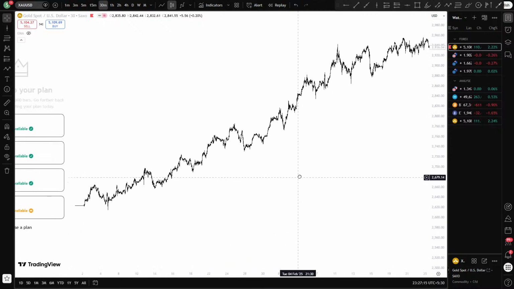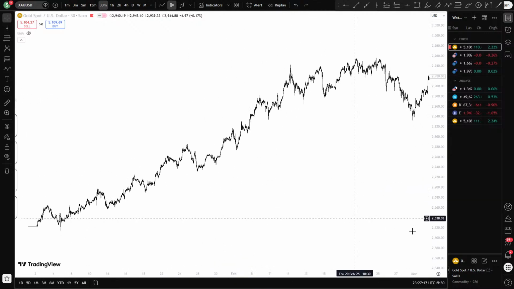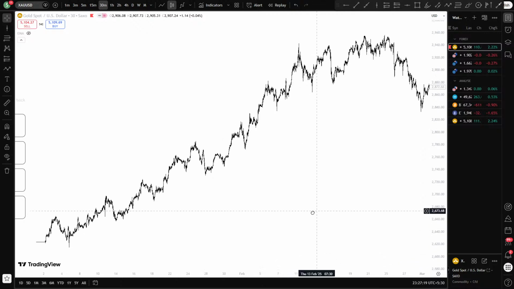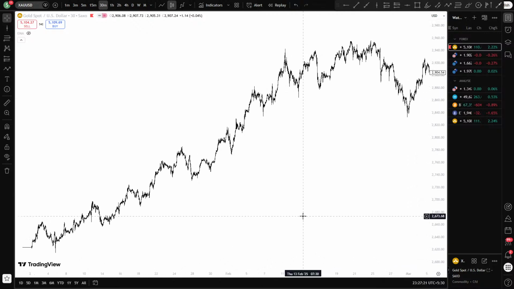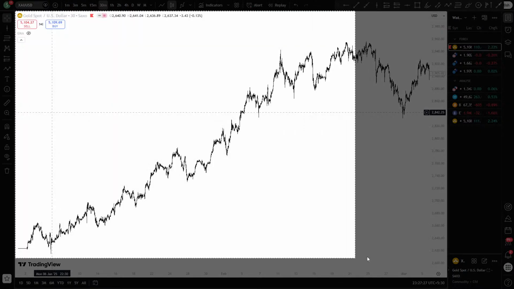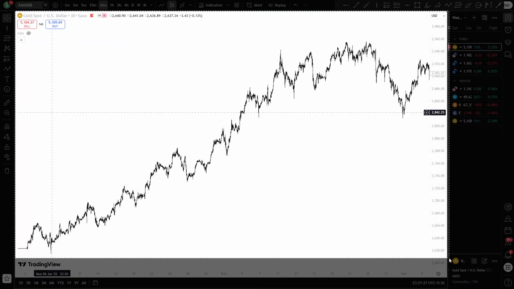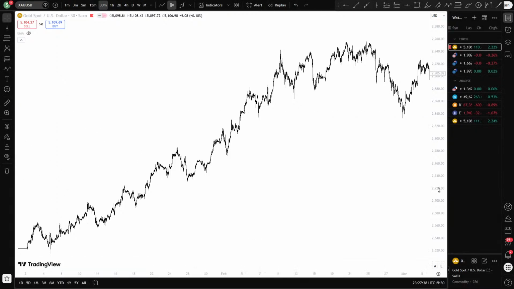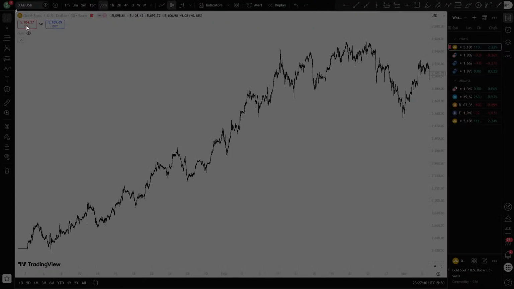So when you look at this pattern, this is how the market was moving. Okay? I need you to pay attention to this because this is so important.